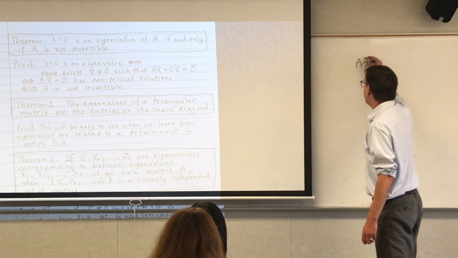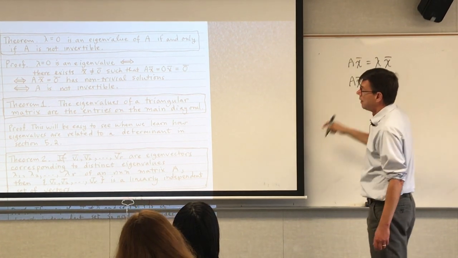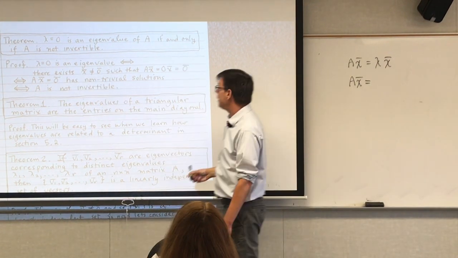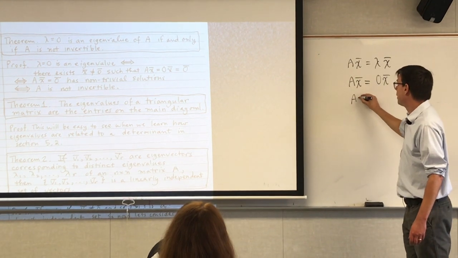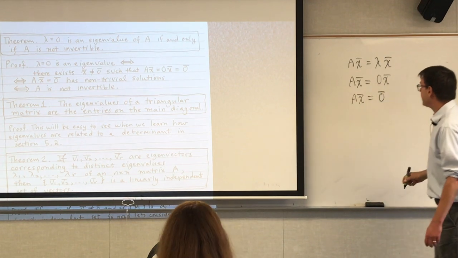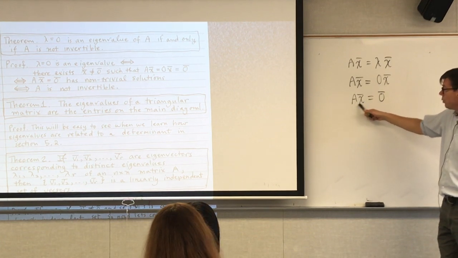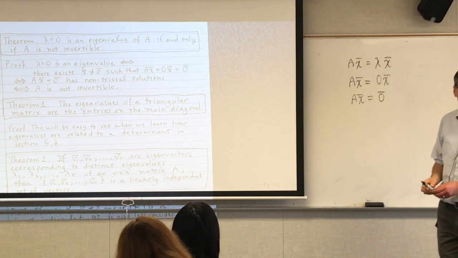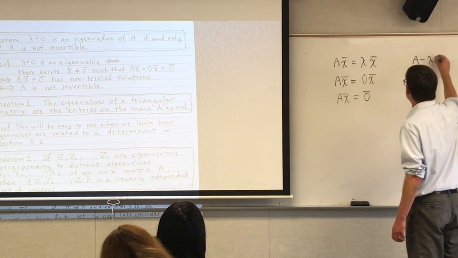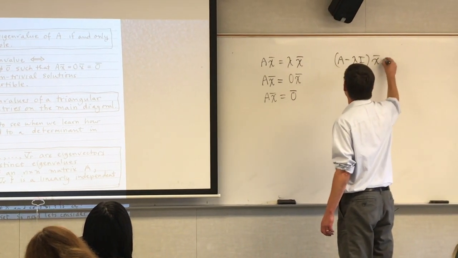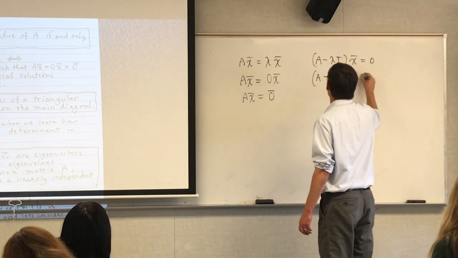So what we're saying here is Ax equals lambda x. That equation, if lambda equals 0 is an eigenvalue, takes this form: Ax equals a 0 vector. So we're saying x is a non-zero solution to this equation, to the homogeneous equation. That means A cannot be invertible. Or if you want to say what happened to (A minus lambda I)x equals 0, this is really the same.